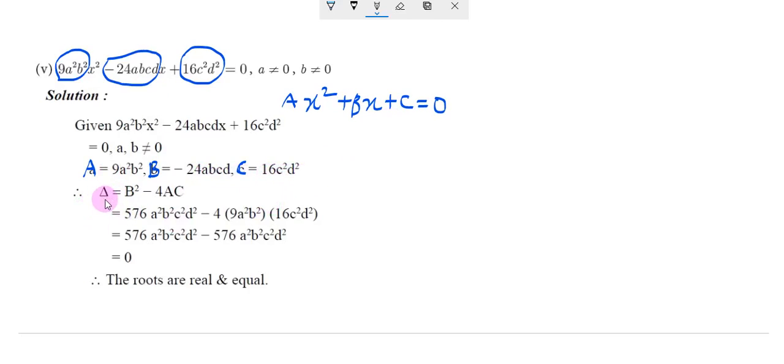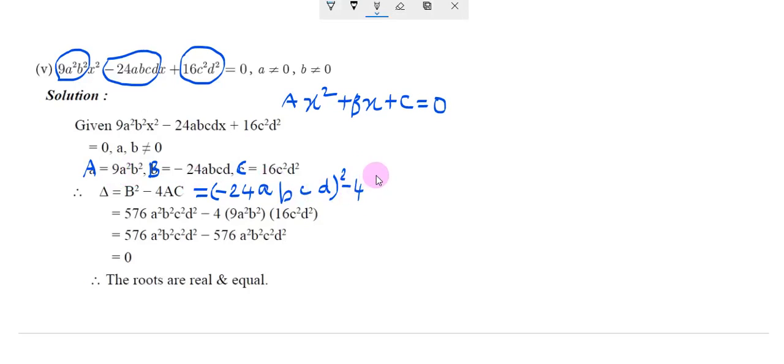Now let us find del. Del equal to b square minus 4ac. The b value is minus 24 abcd. Am I right? So b square means we should apply the whole square, minus 4 times a.